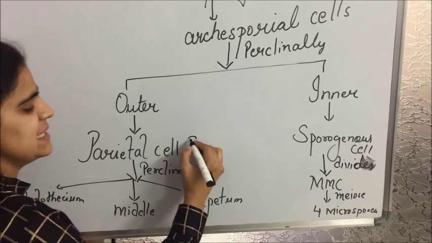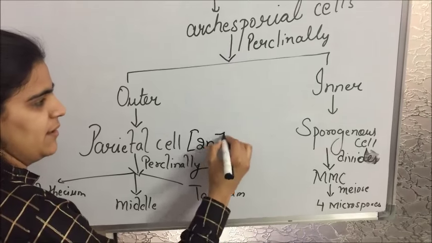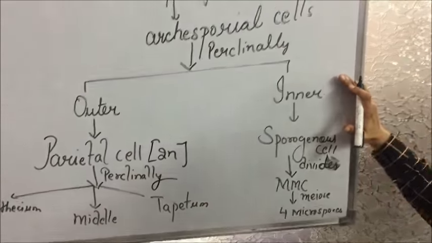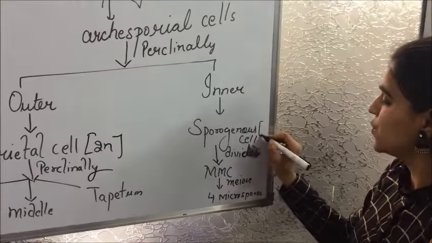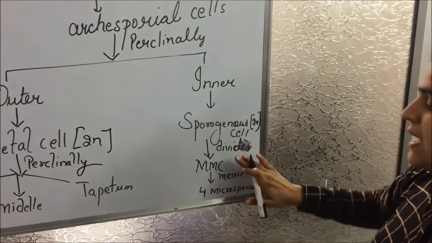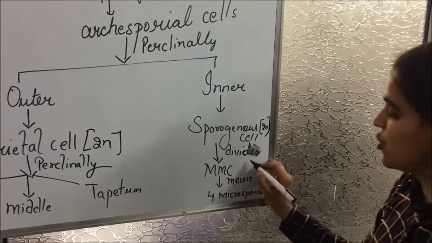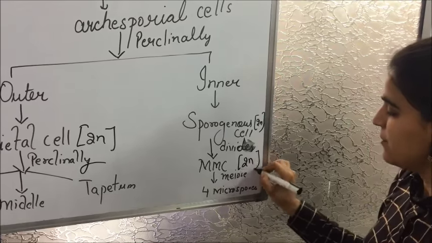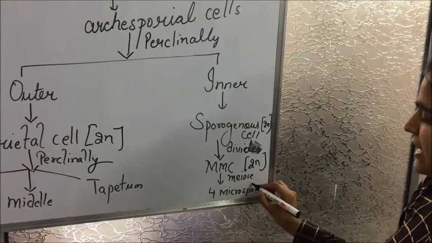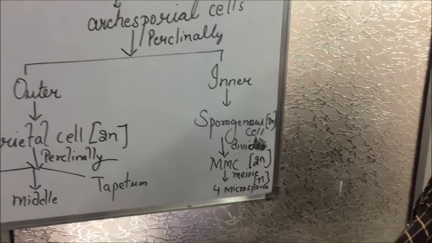This parietal cell is diploid, that is 2n. Further, the inner layer forms sporogenous cell, that is also 2n, which will form MMC, spore mother cell, which is also 2n. Then after meiosis, 4 microspores are formed. They are N, meaning haploid.